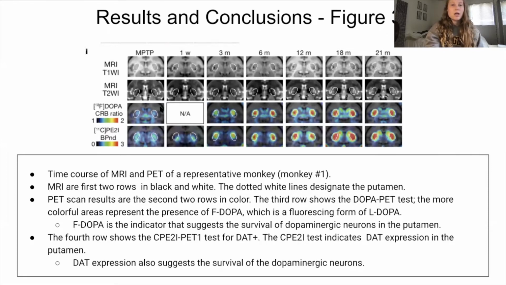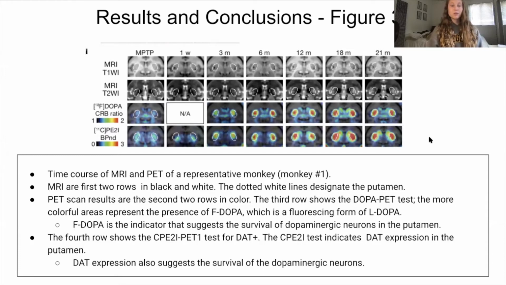That's what they want. And then the third row and the fourth row down, the colorful ones, are results from PET scans. These both screened for different things that both indicate the survival of the dopaminergic neurons in the monkey's brain.